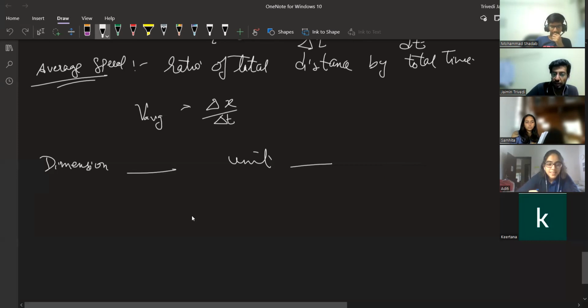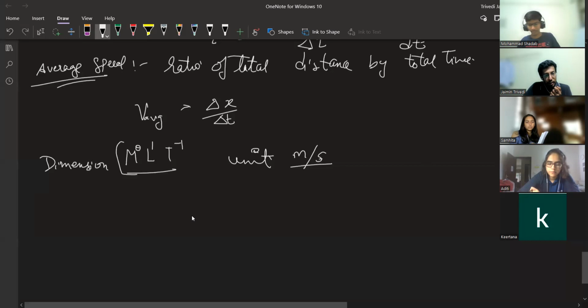A unit? Sir, meters per second. Meter per second. So dimension will be M0 L1 T minus 1.